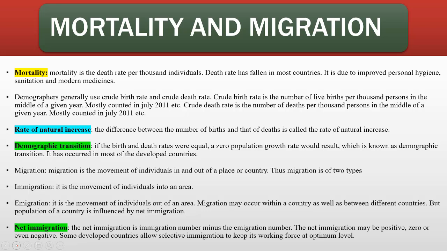Mortality is the death rate per 1,000 individuals. That's right. Mortality is the number of individuals dying per 1,000. Out of 1,000, if 100, 200, 500, or 900 are dying, that is the mortality rate.